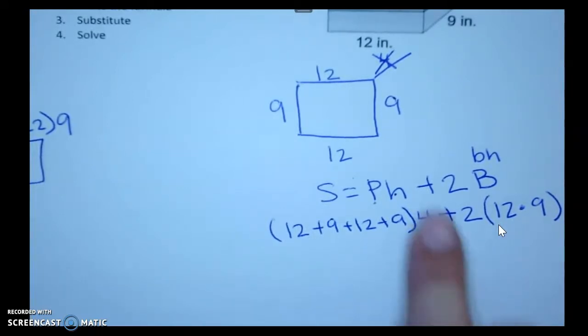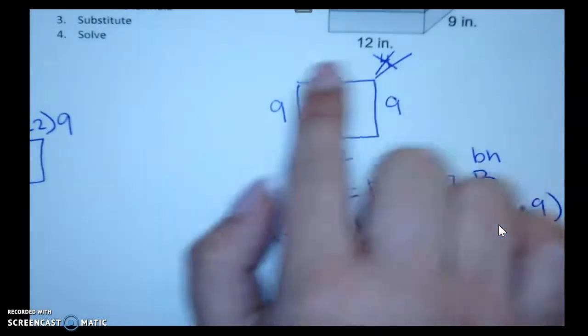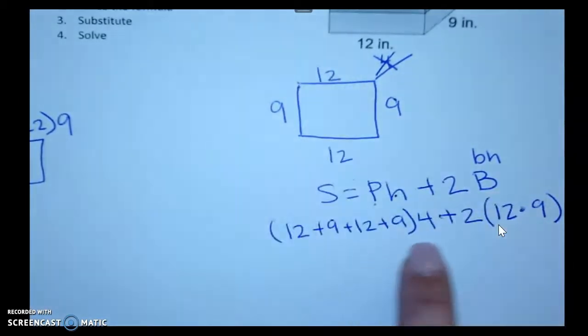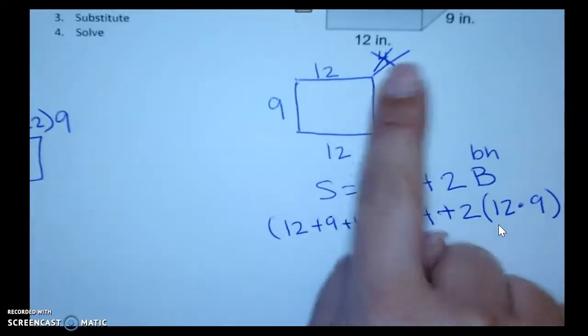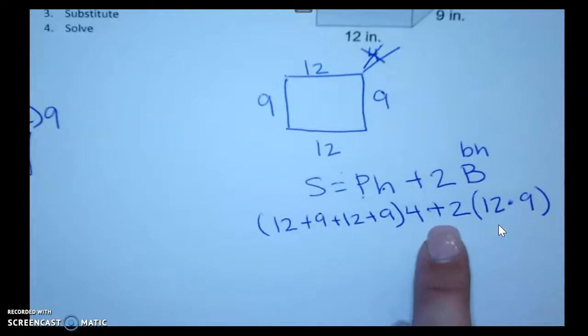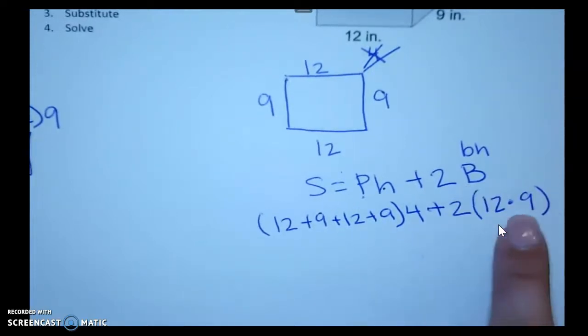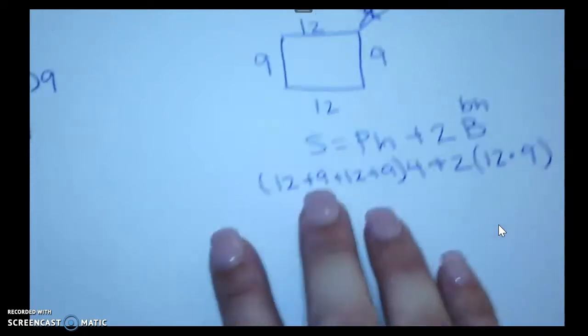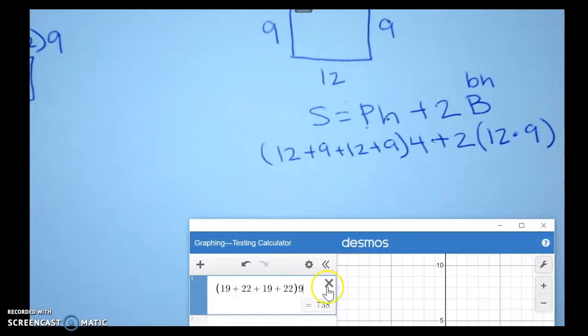So I'm going to back up and talk about it again. For perimeter of the base, you're adding up all the sides of the base, which is the rectangle. For h, it's the height of the prism, which is that one. But remember, you're going to cross it off because you're not using that one again. Plus 2 times big B, which is area of the base, so 12 times 9. Now, I'm going to open my calculator and type it in. And you're going to type it just like you see it.